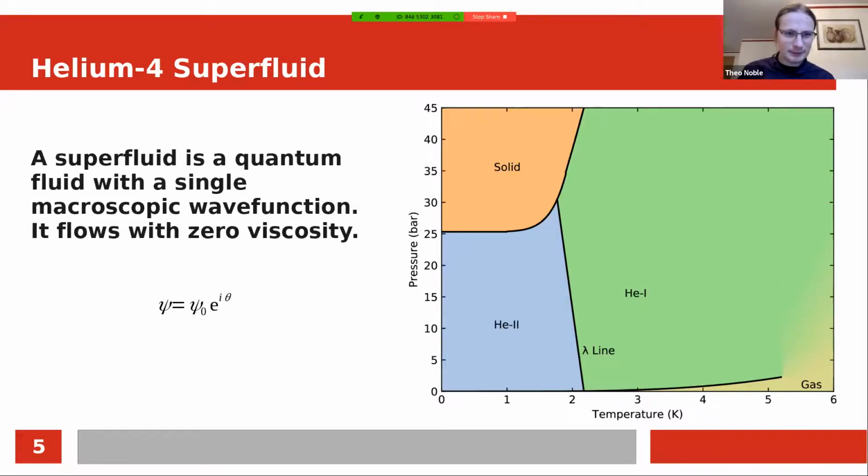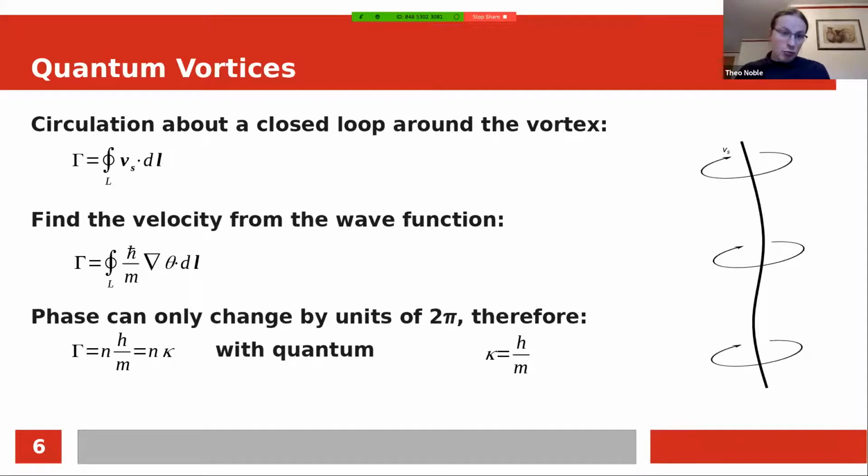So we'll just quickly derive a quantum vortex, going through the method gone through by Onsager and Feynman, where you simply take the circulation around a closed loop, and include in your closed loop the vortex. And we can find the velocity from the wave function of the superfluid.